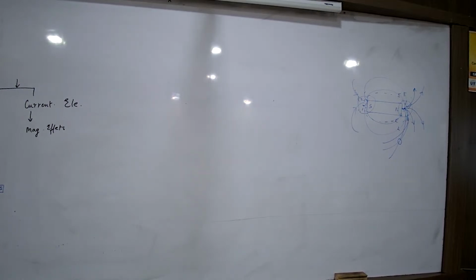Next point, what will you write? Can you write about the direction? The direction of the magnetic field is from north to south pole.